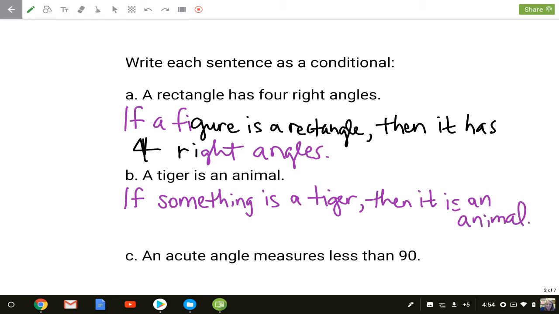All right, now try part C. You're going to try to change an acute angle measures less than 90 degrees to be an if-then statement. Okay, on this one I would say if an angle is acute, then it measures less than 90 degrees.